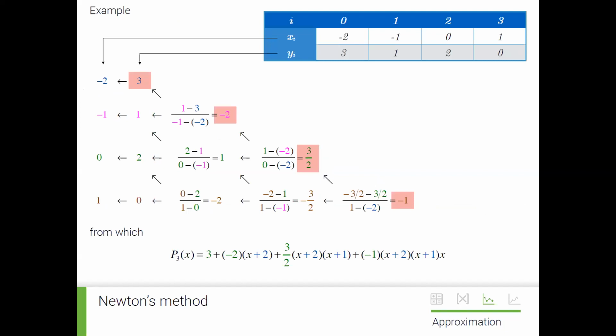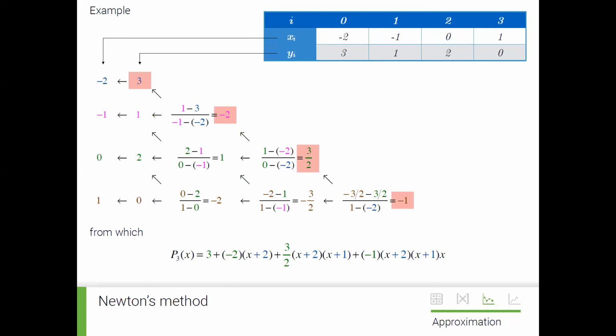So here again, in this given example, you can see we have this table: xi is -2, -1, 0, and 1, and yi is 3, 1, 2, and 0.